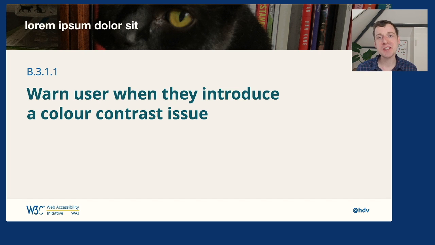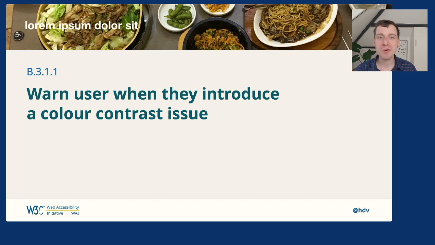But then someone decides to replace the photo with one of Korean food in this case, and it is a perfectly valid photo, but it is very light and the text is also light. So at this point, when we drop in this photo, we've introduced a color contrast issue. Now it's possible to programmatically detect color contrast problems, and with that you could provide a warning for the content author that something is going wrong here.